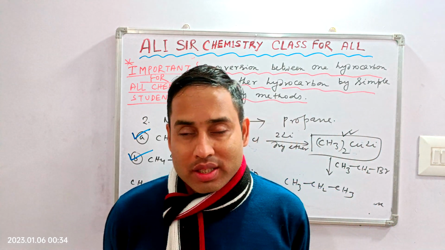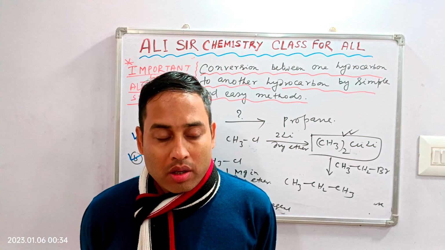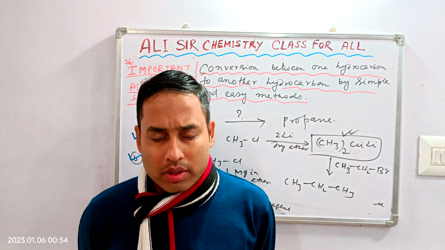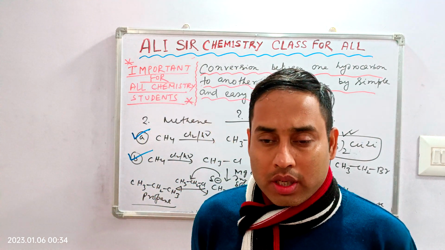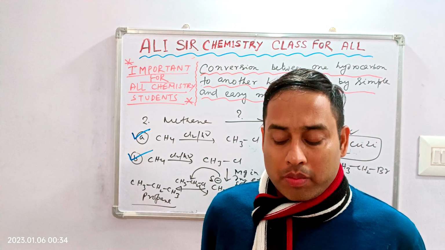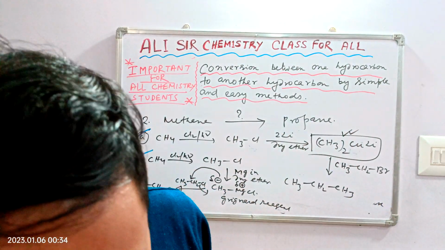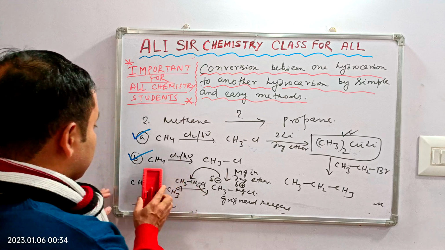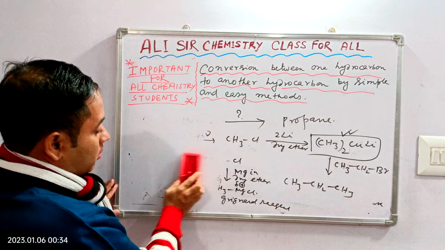We can use Grignard reagent in any types of reactions for the preparation of symmetrical as well as unsymmetrical alkane. I think this is clear for all of you.